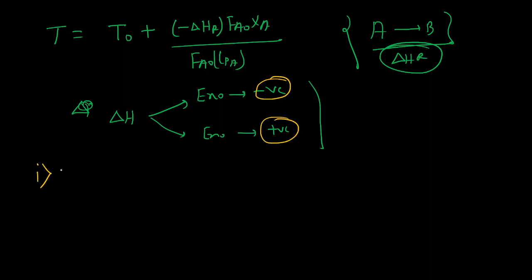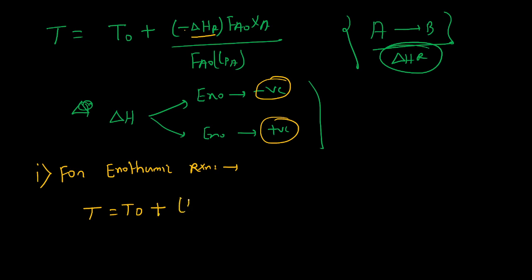So first, for the exothermic reaction, T is equal to T naught. In that condition, delta H of R is negative. So negative negative becomes positive.